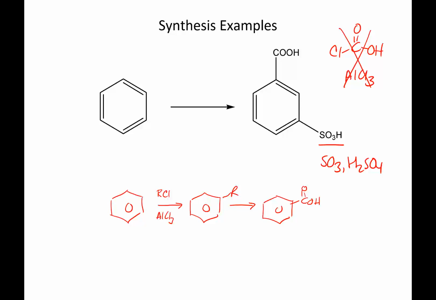So my hint would be it's purple. KMnO4. So if we oxidize any alkyl group, we're going to get a carboxylic acid. Okay, so there's method number 1. Here's method number 2.